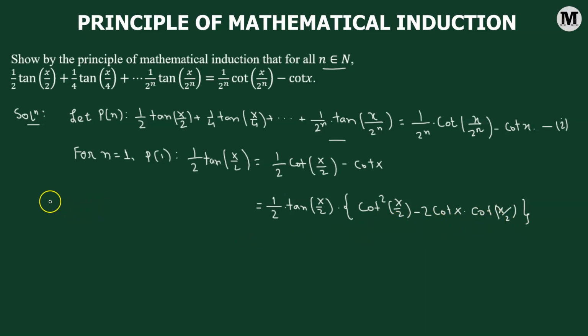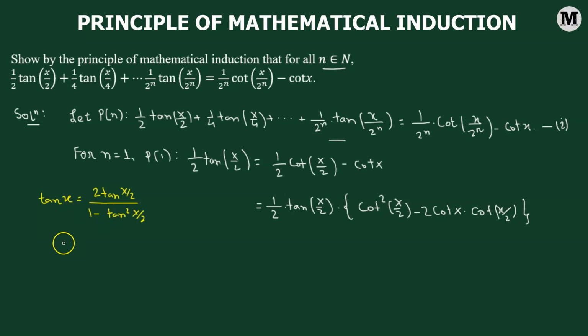Here we're going to use the half angle formula. We know that tangent of angle x is given by 2 times the tangent of angle x over 2 divided by 1 minus tangent squared x over 2. Now we know that the tangent and the cotangent functions are reciprocals of each other.